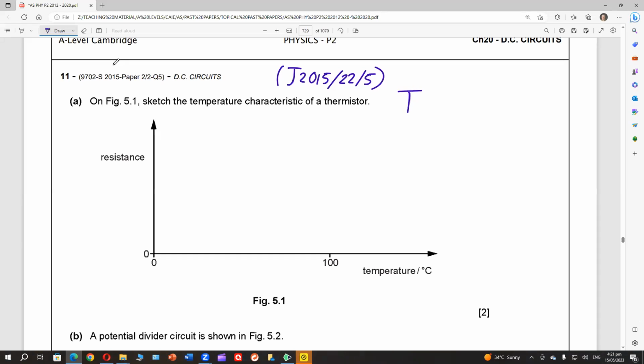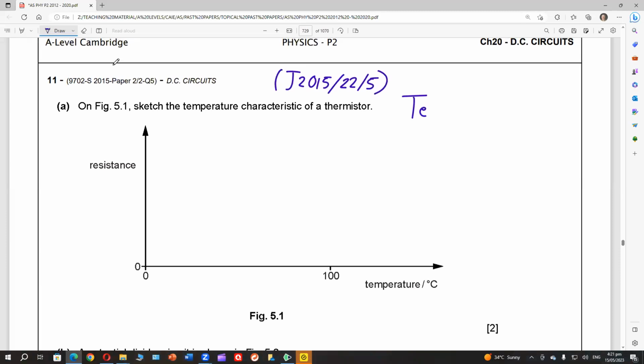Yes, very good. The temperature increases and resistance decreases, and it's a curve. This is a sketch of a thermistor.